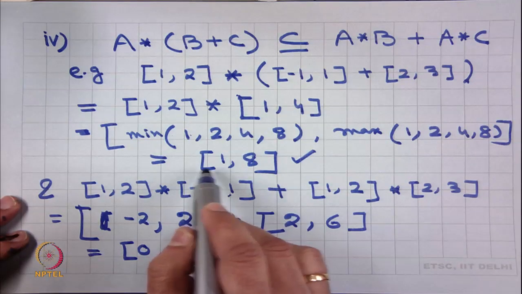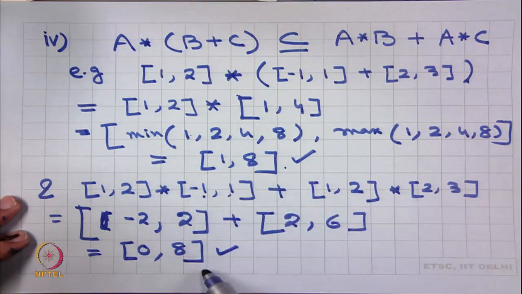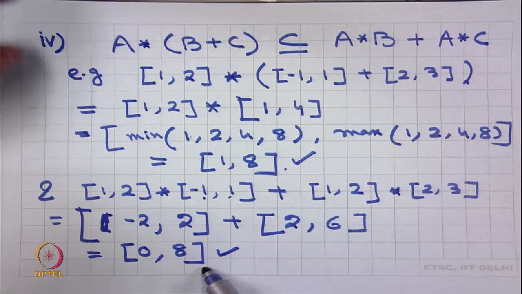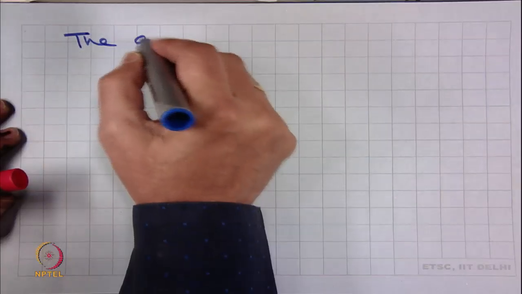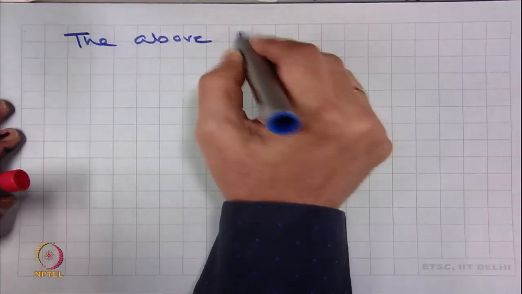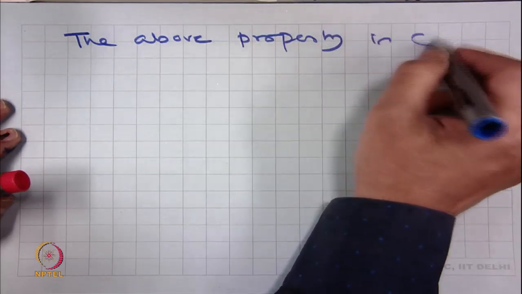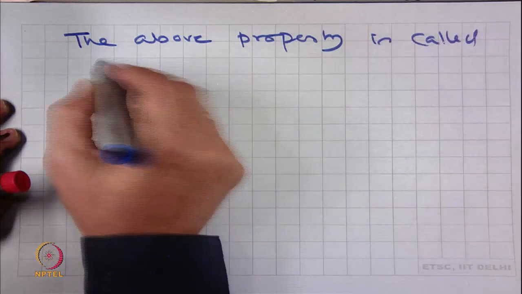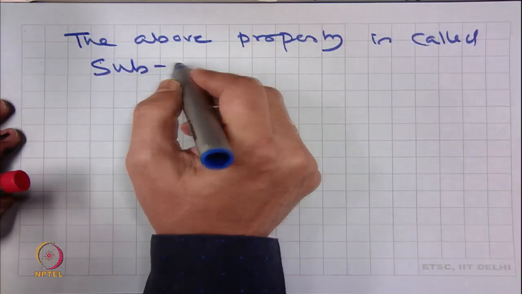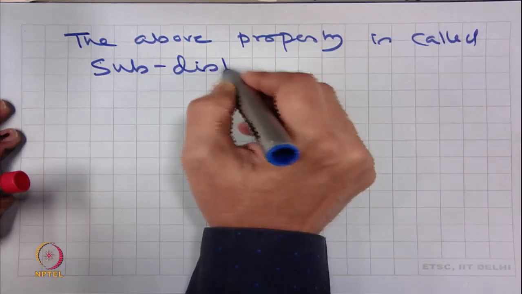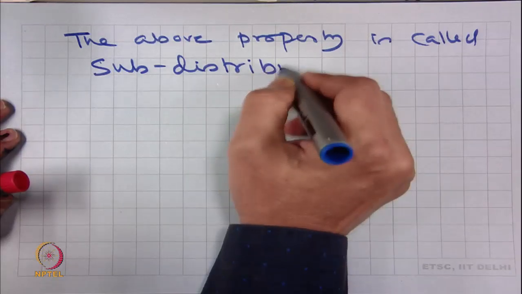So, we can see that this interval is contained in this interval and they are not the same. The above property is called subdistributivity.